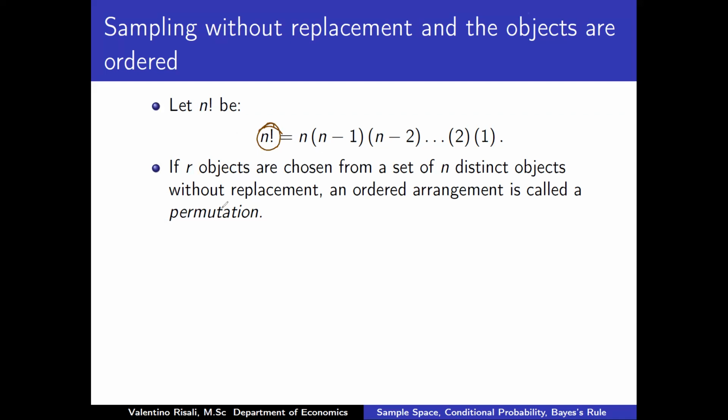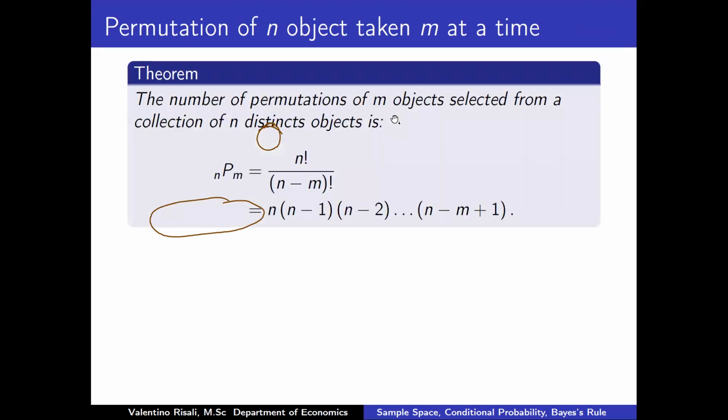This is just a term for r objects chosen from n objects without replacement, where the order matters. And how many permutations do we have?